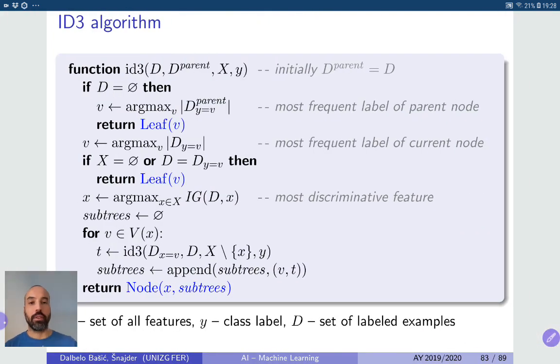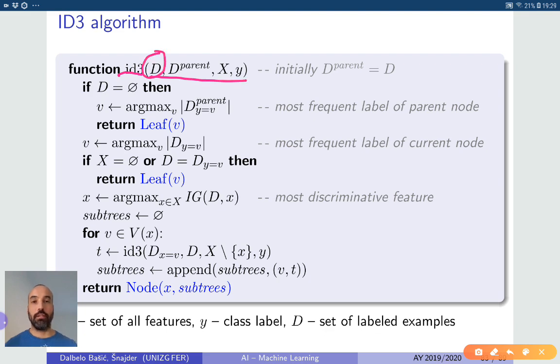Okay, here's the algorithm that does the job of building the tree. Let's look into the algorithm step by step. The pseudocode is formalized by the ID3 function, and there are 4 arguments to this function.